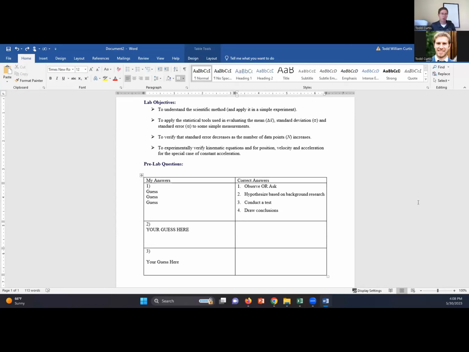Now, that's the overall scientific process, but again, that's what you're going to be doing time and time again throughout this course, and it's really something that all scientists do time and time again in their daily tasks, and I think many of us do it just in our day-to-day life. For example, my wife makes fun of me for the way I load the dishwasher. I load it like a scientist.